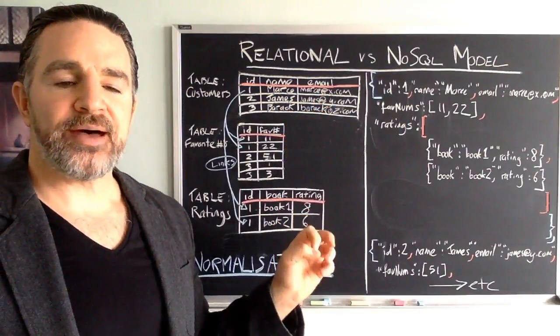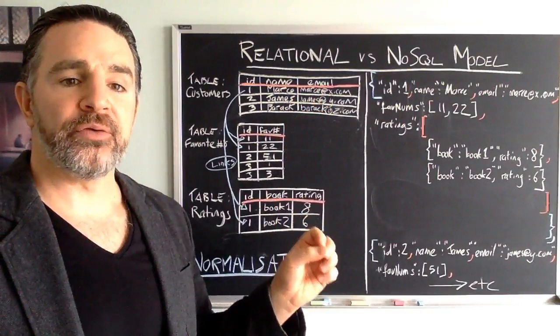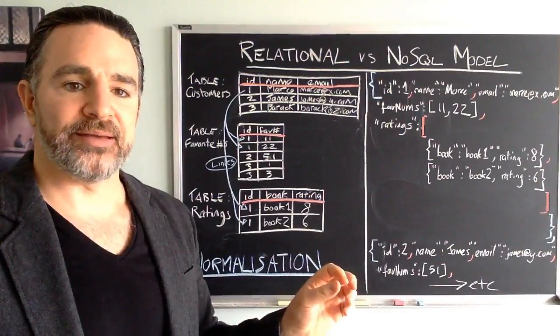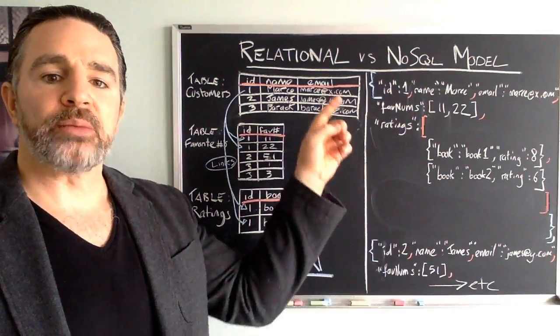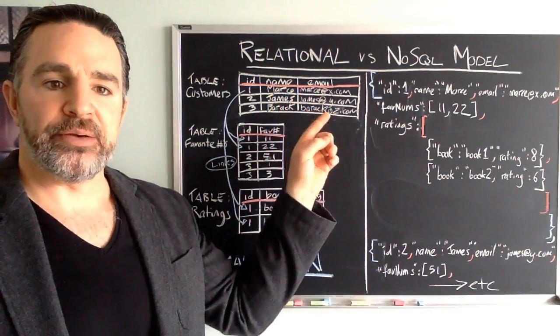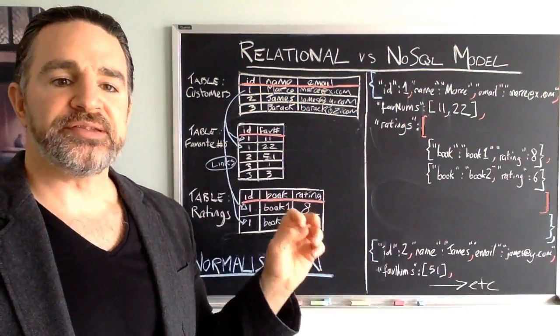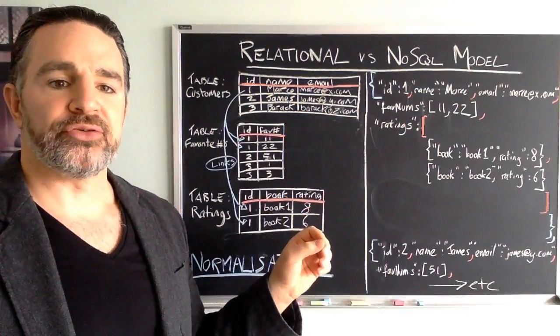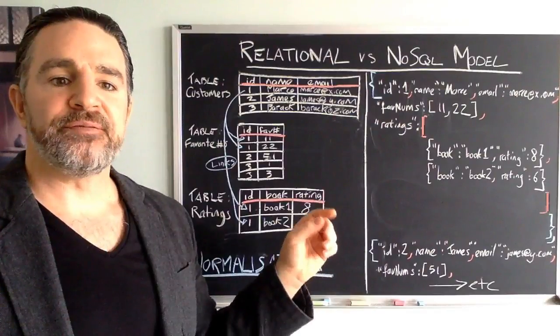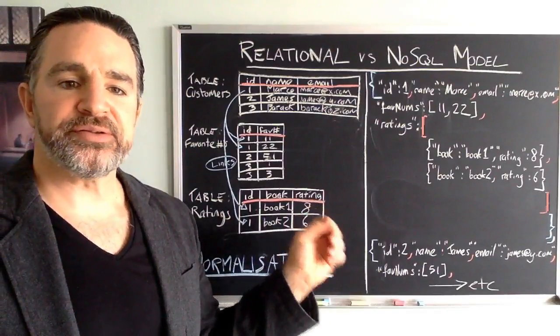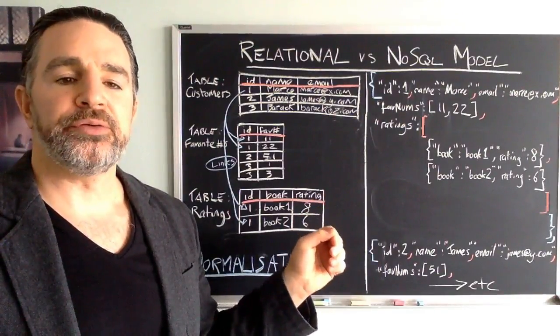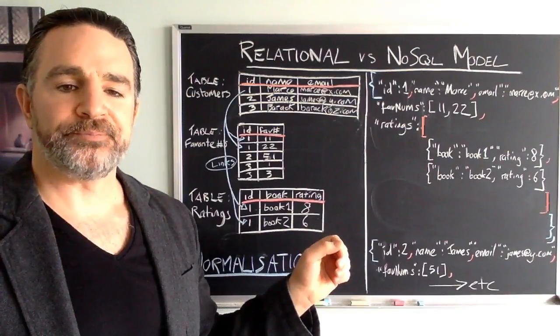And you need to decide this at the outset before you start populating data. That's the key thing. So what I'm talking about here, tables and fields and data types, that is known as a schema for a relational database. And you need to decide and fix your schema at the outset before you start populating data.